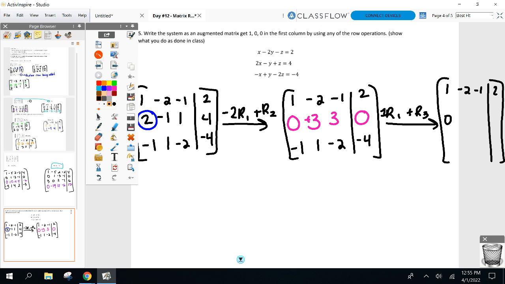Row 2 staying the same as my previous one. Now we're using the previous matrix every time, because if I went back to the original, I wouldn't have a 0 there. Okay. Ask any questions you have.